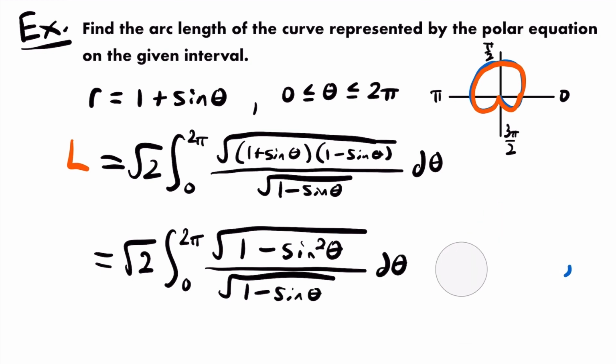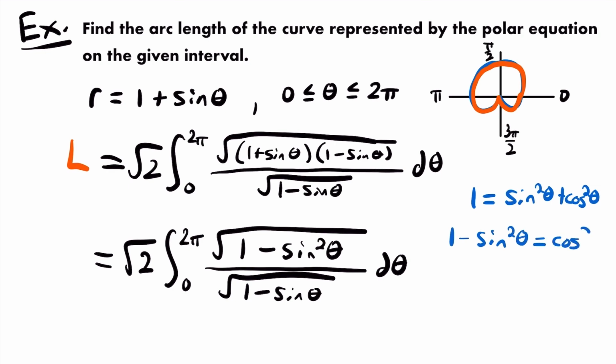Now the reason why that's helpful is because now we can rewrite 1 minus sine squared theta using our Pythagorean identity for sine and cosine, right? We know that 1 is equal to sine squared theta plus cosine squared theta. And if we solve for cosine squared theta by subtracting sine squared theta from both sides of the equation, we'll have 1 minus sine squared theta is equal to cosine squared theta.